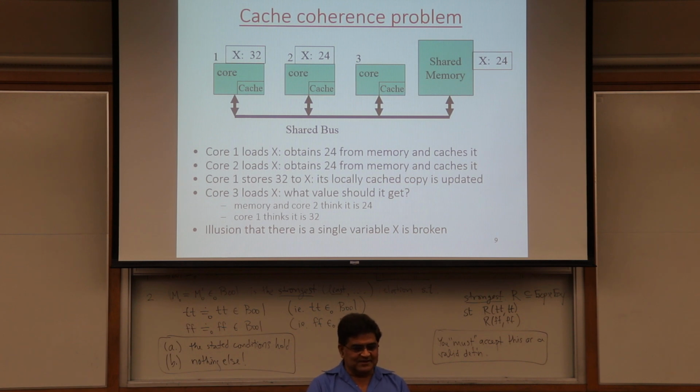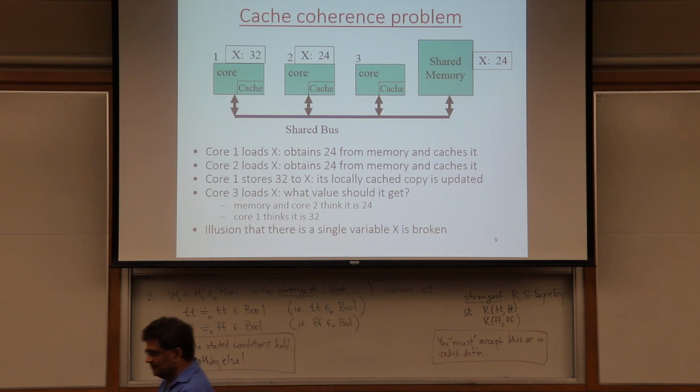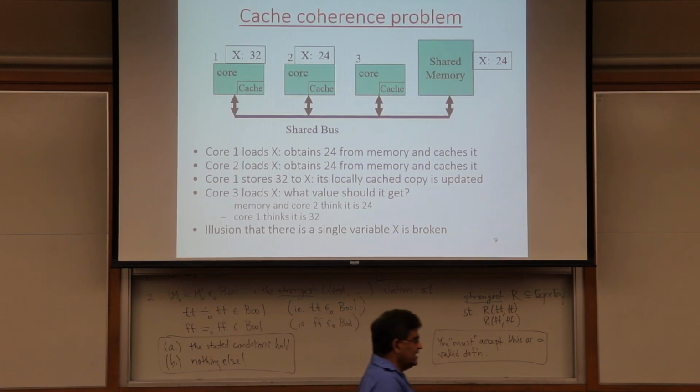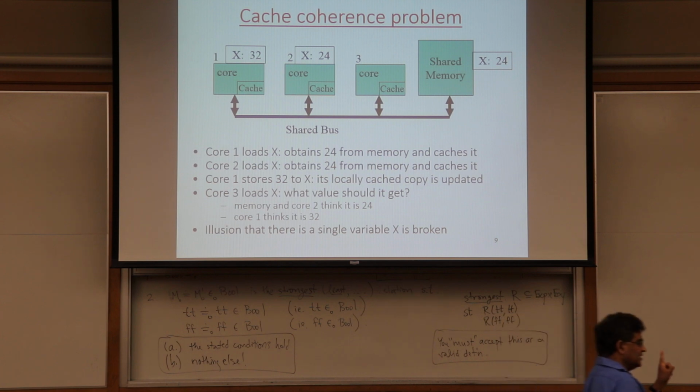So what should I do with my sign-up sheet? Well, there should really be only one sign-up sheet. That's the first thing. And then if somebody wants to sign up, that sign-up sheet should be forwarded to that person and so on. So can we implement something like that here? What's the basic idea? One way to solve this problem is we can ensure that a given line, in this case a given variable x, is cached in at most one cache at a time.